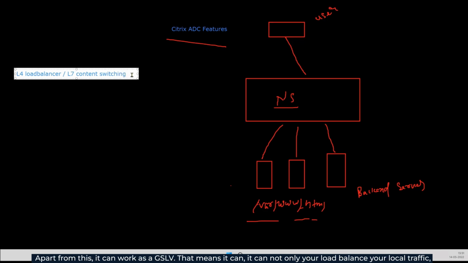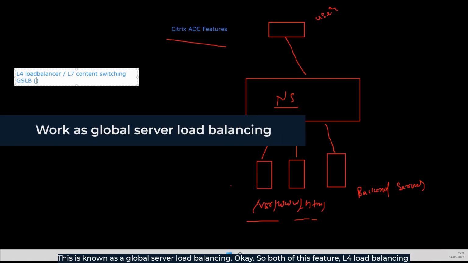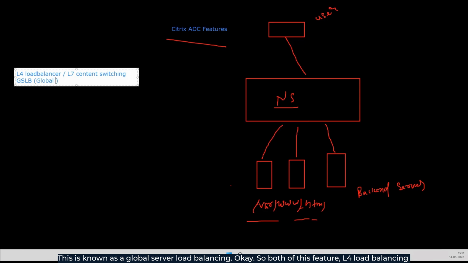Apart from this, it can work as GSLB. That means it can not only load balance your local traffic, but it can also load balance your global traffic. This is known as global server load balancing.